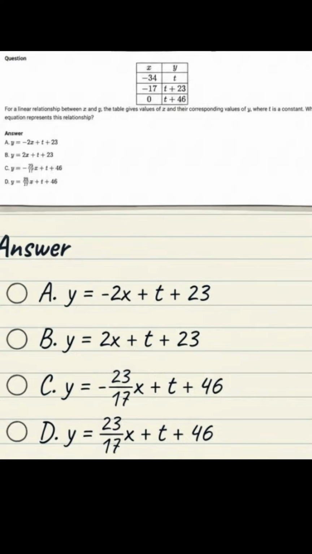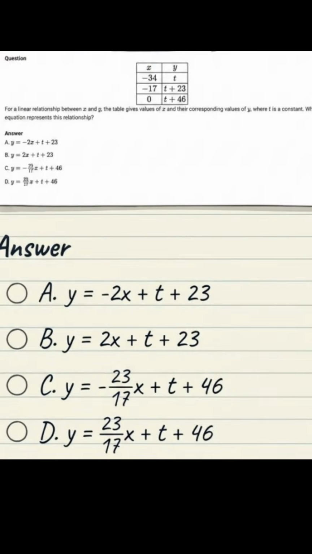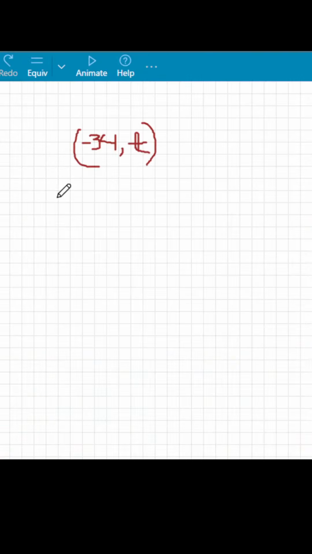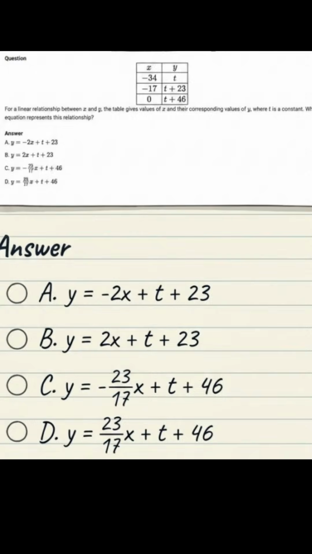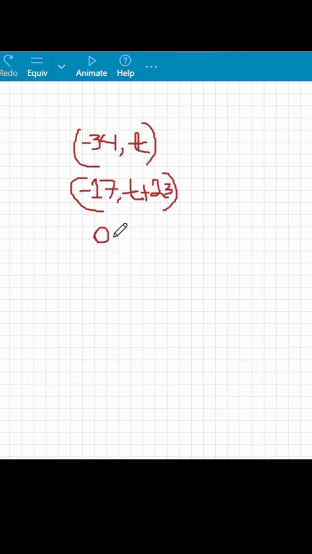So first we'll write the 3 points. Minus 34 comma t, then minus 17 comma t plus 23, and the last one is 0 comma t plus 46. These three are points on the line.